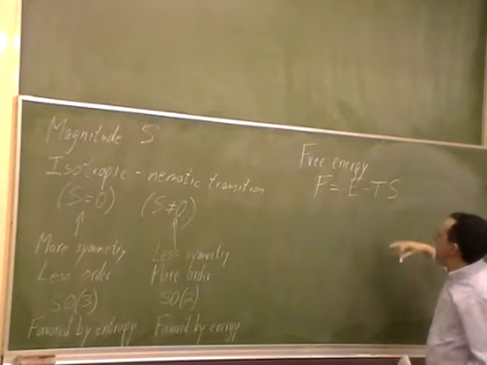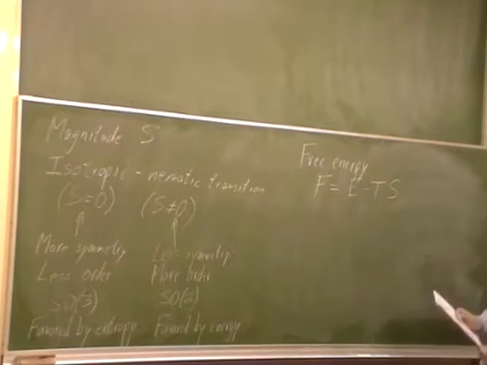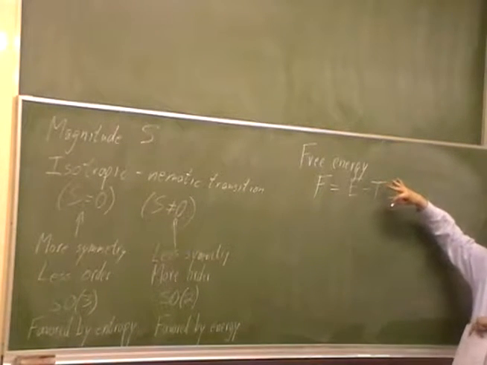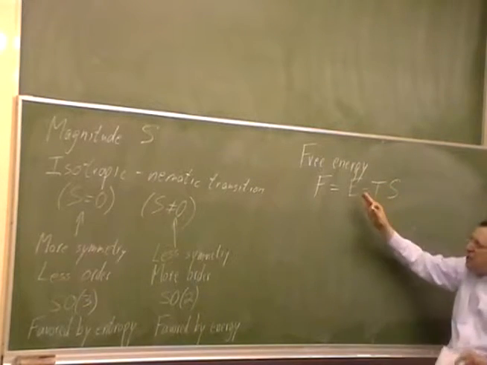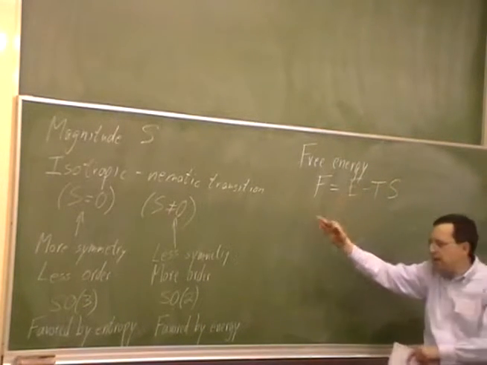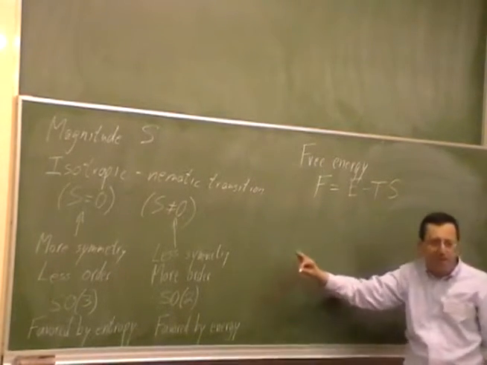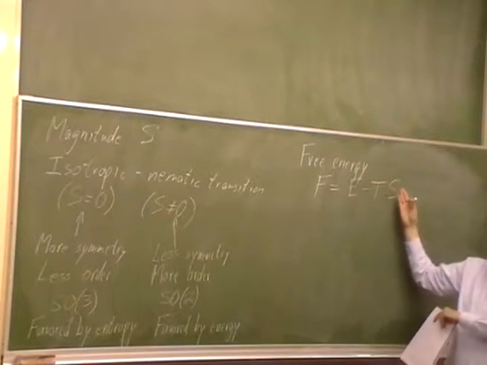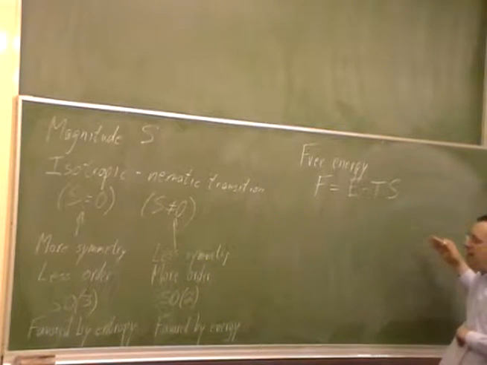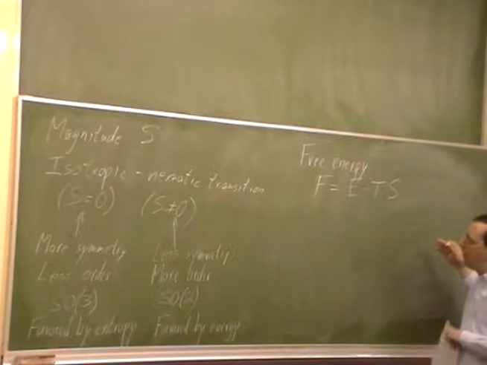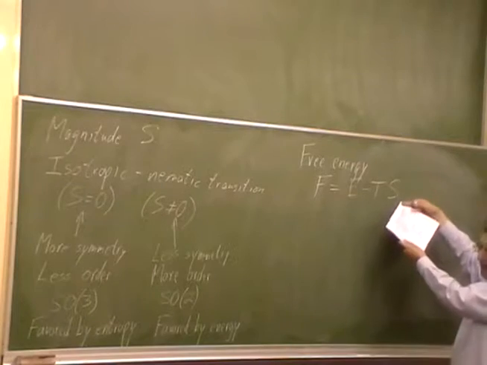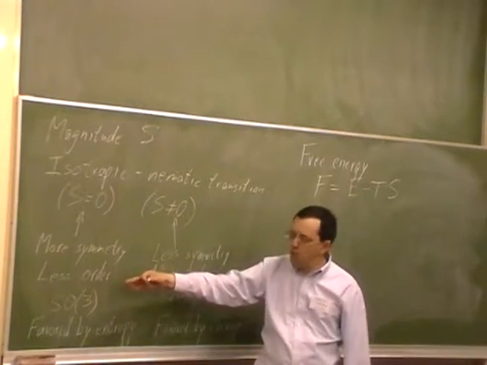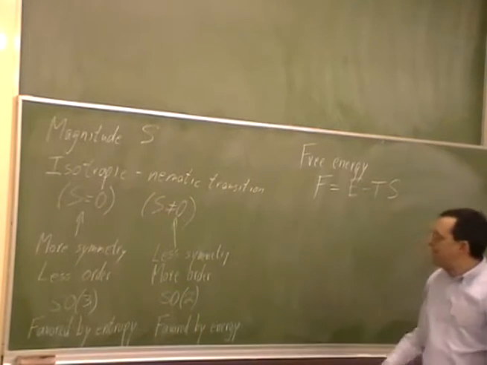And so when you're at a low temperature, this temperature times entropy is not so important, right? And so energy will control things. We get a nematic phase, an ordered phase, right? When you're at a high temperature, this entropic piece becomes more important, and hence it tends to favor what's favored by entropy. That is the disordered phase, the isotropic phase.